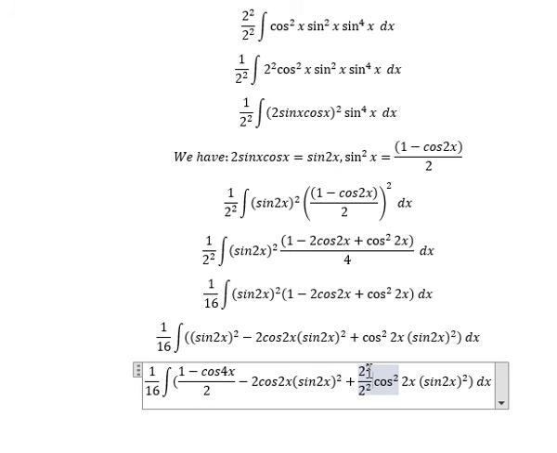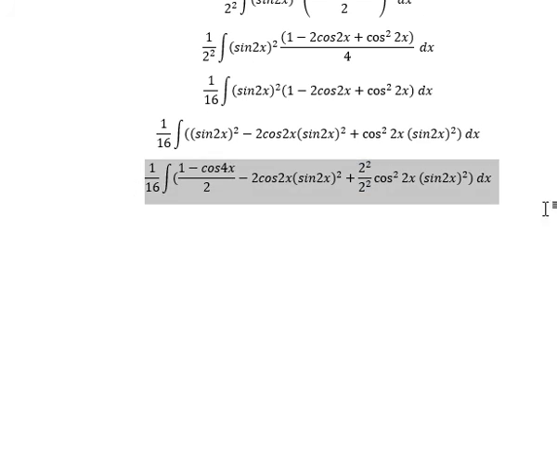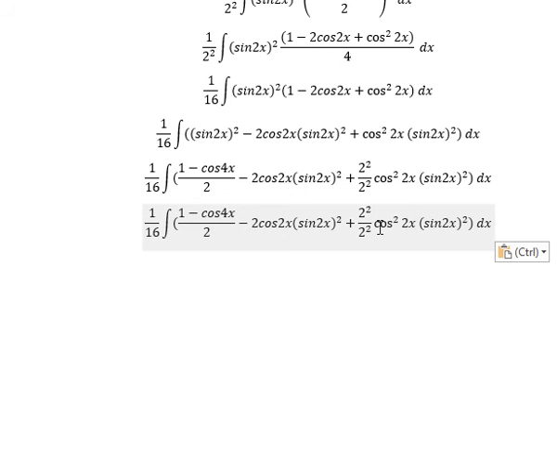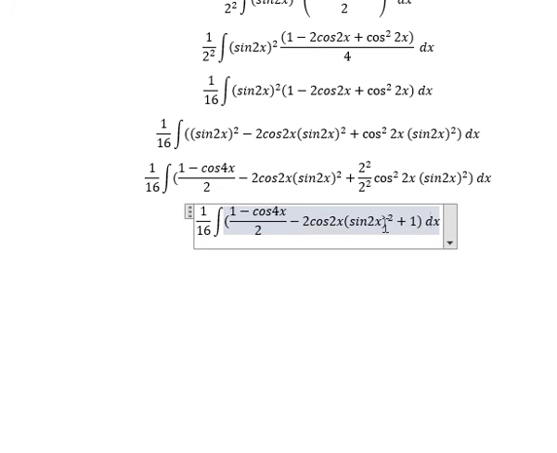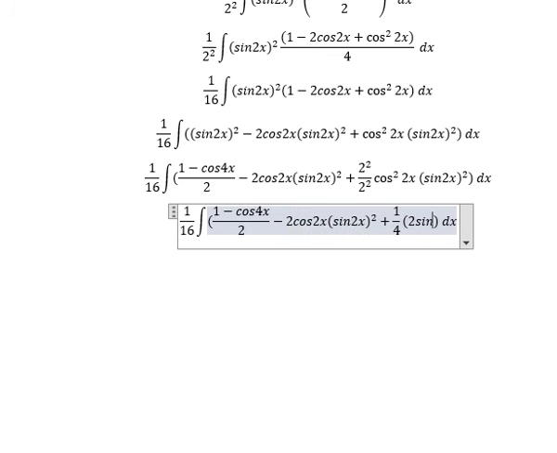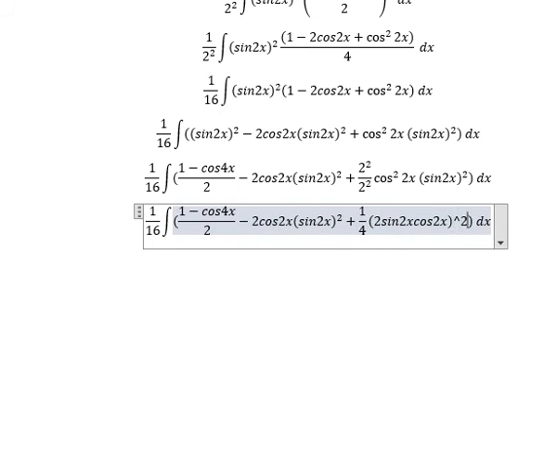So we do the same technique as the first one in here. So this one, we will have about (2 sin 2s cosine 2s) to the power of 2.